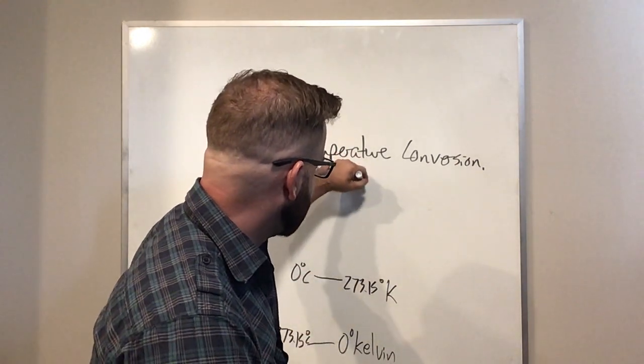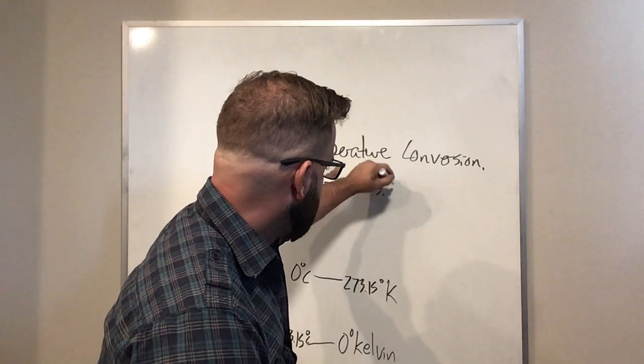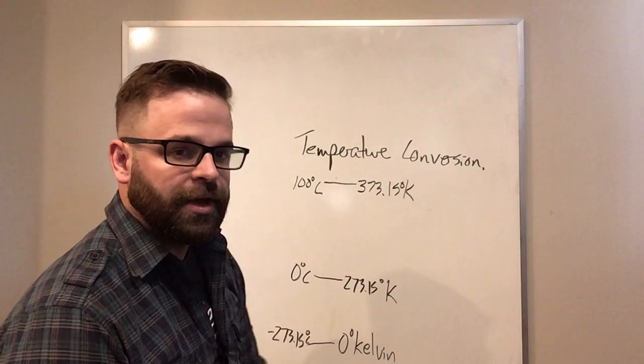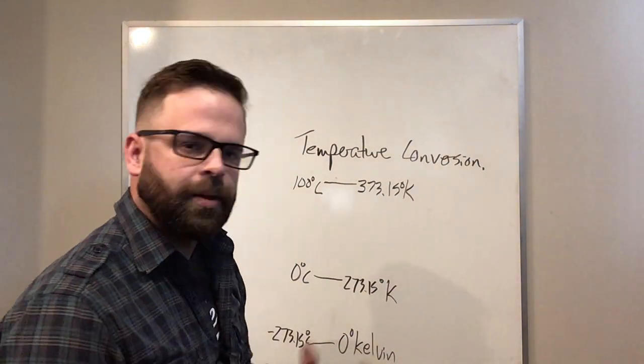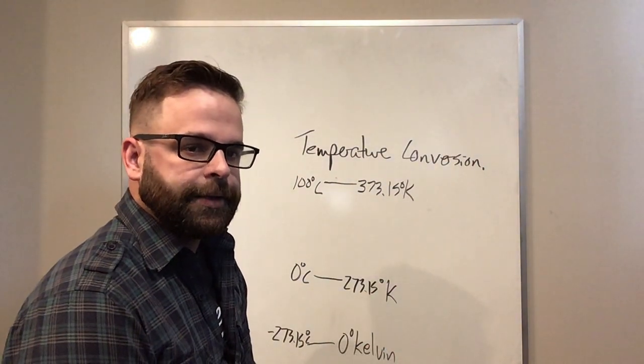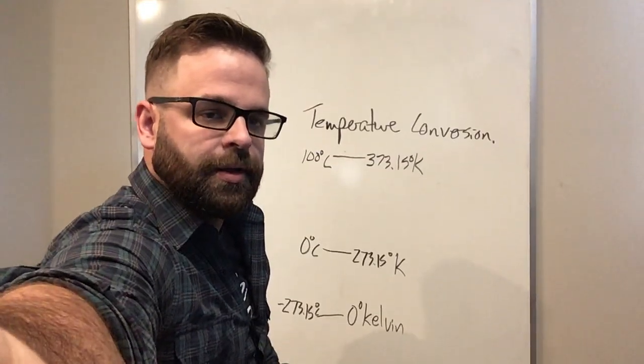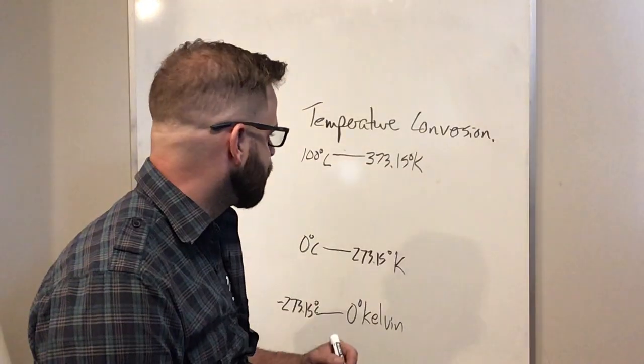So we get a value of 373.15 degrees Kelvin. So fairly straightforward, and I'll lay out all the formulas a little later. Let me just move this camera down a little bit. So I'll go through the formulas in a little bit.